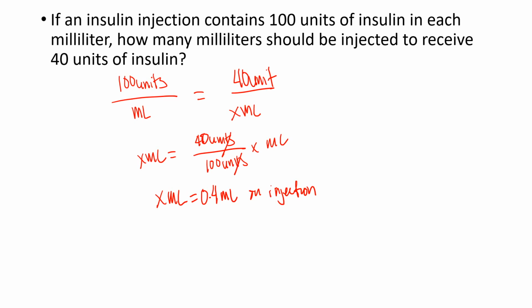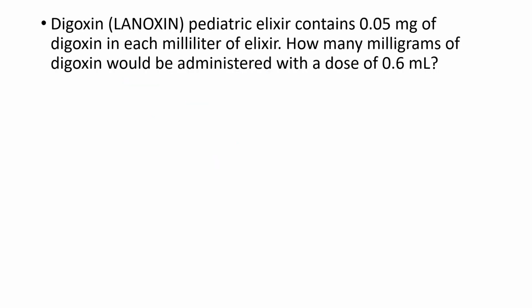So next, digoxin Lanoxin pediatric elixir contains 0.05 milligrams of digoxin in each milliliter of elixir. How many milligrams of digoxin would be administered with a dose of 0.6 ml? So the initial concentration is 0.05 milligrams per ml of elixir. So if you're going to give 0.6 ml of elixir, how much will it contain?